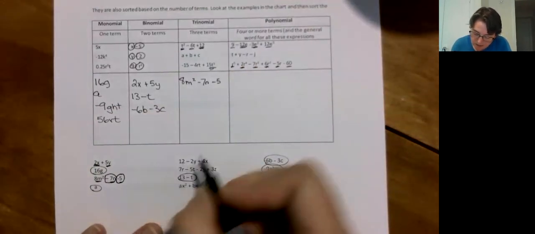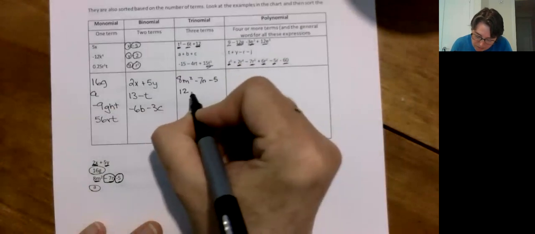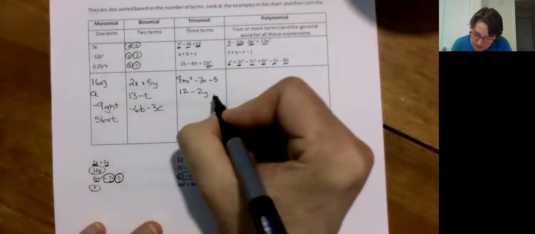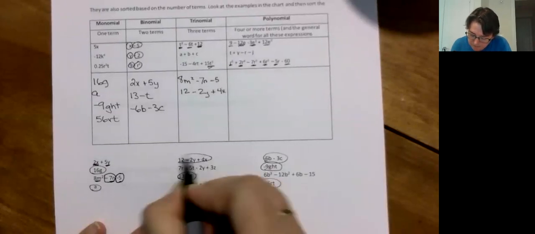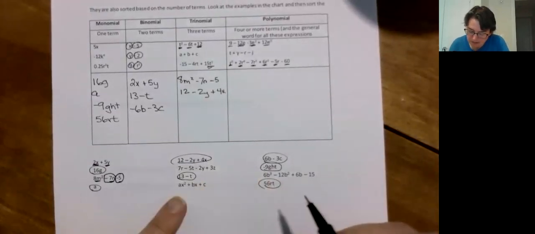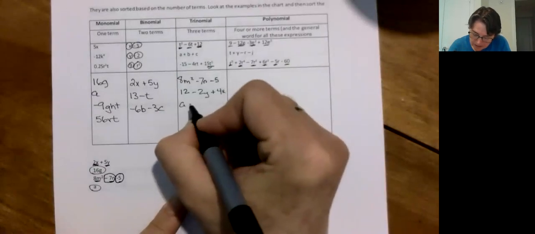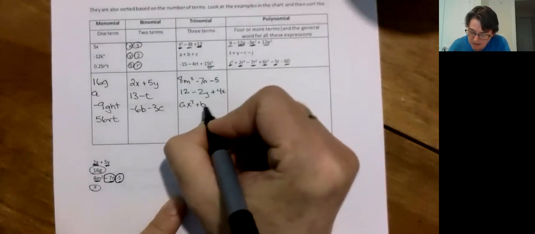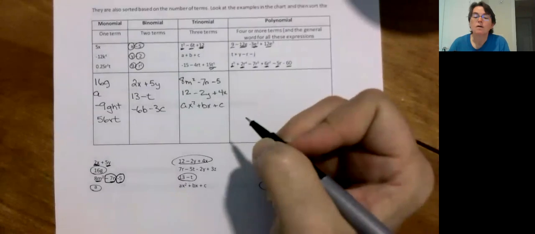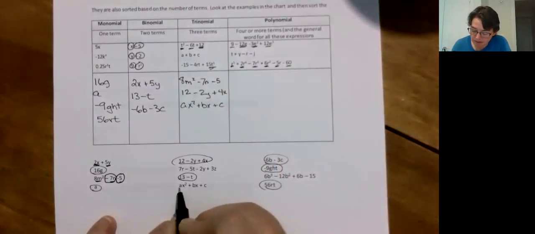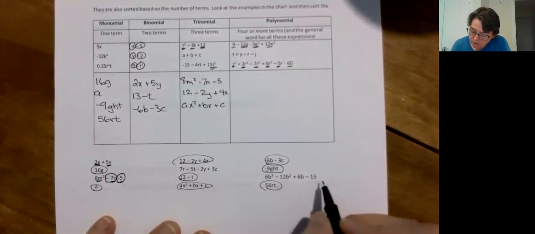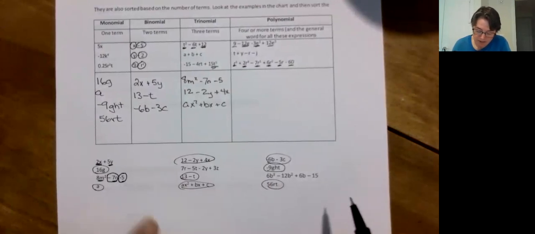Okay, we got another one here. 12 minus 2y plus 4x. Look at that one. Ax squared plus bx plus c. When we do quadratics, you will see that so much when we're talking about the quadratic formula. And nope, that's too many. So then what are we left with?